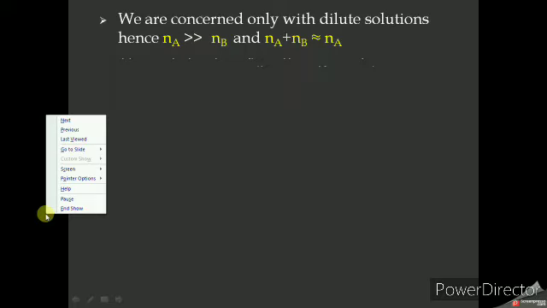The number of moles of the solute is very much less than the number of moles of the solvent, and it is applicable only for dilute solutions. So hence Na is much greater than Nb, or Nb is much less than Na. And what do you write? Na plus Nb is then nearly equal to Na.